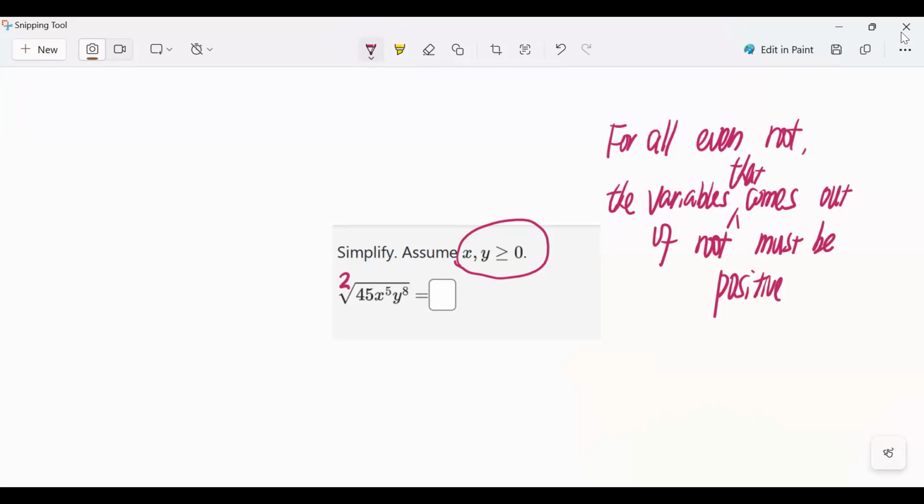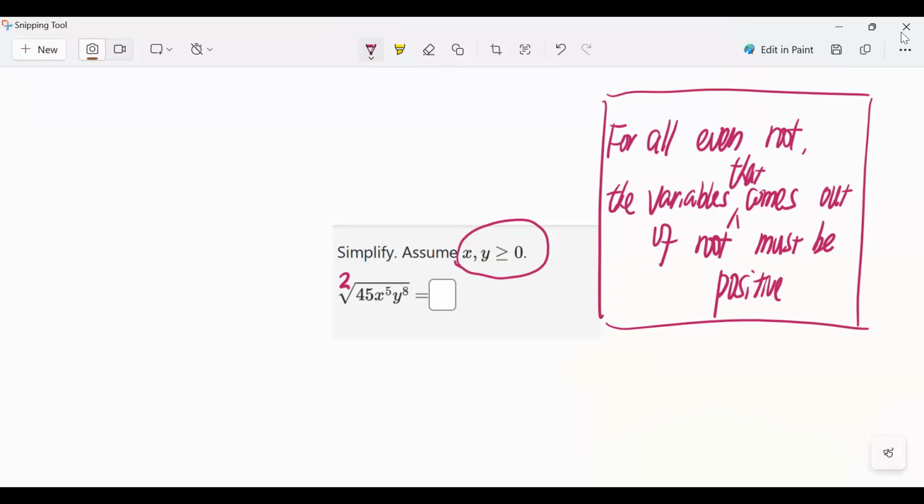And for all odd roots, there's no such rule. It could be either positive or negative, depending on the number itself. So no restriction, but this is something that's going to be useful later when you move on to higher level courses. It applies only to even roots, like square root and fourth root.